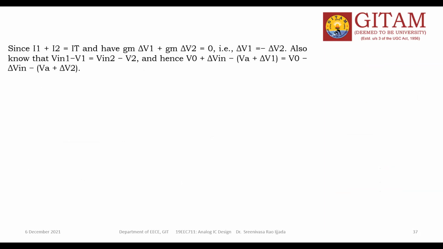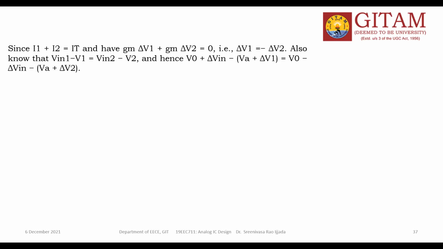So this is the next one, there are just some differences in the change. Since the branch current I1 plus the branch current I2 is equal to the tail current, the change is zero. So GM delta V1 plus GM delta V2 is equal to 0, so delta V1 is equal to minus delta V2.